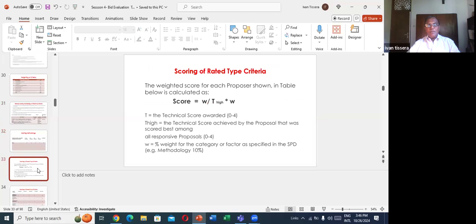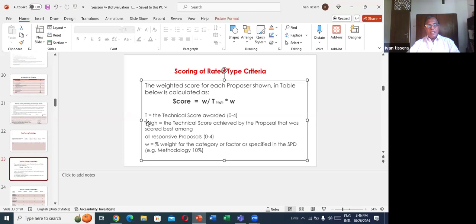The weighted score for each proposal shown in the table below is calculated as follows. W is the weightage, the percent weight for the category of factors as specified in the procurement document. For example, methodology 10%. T is the technical score awarded, right?